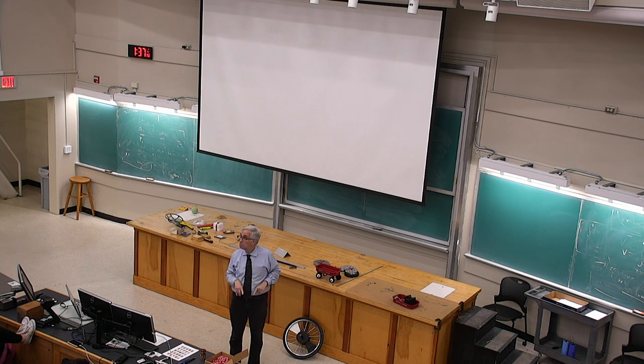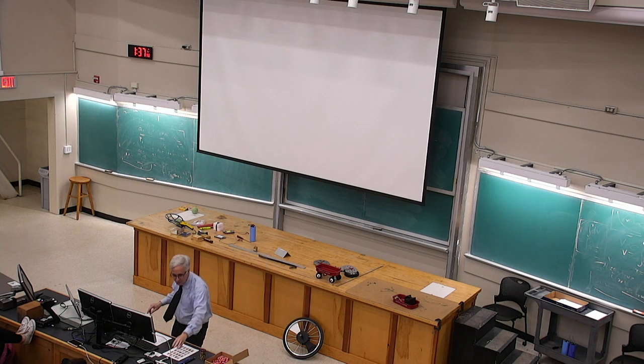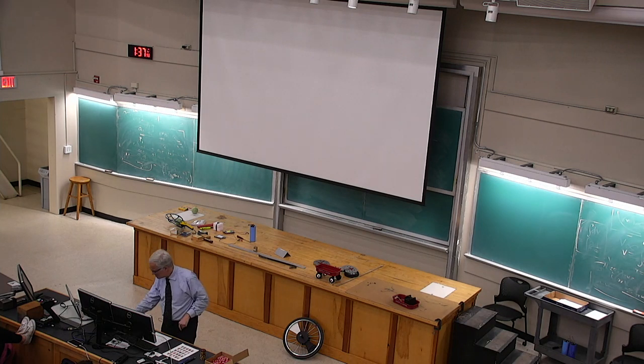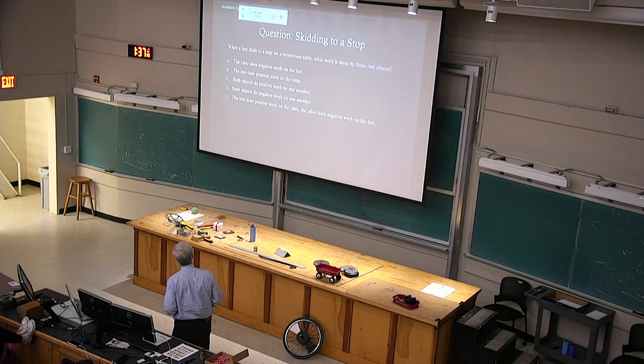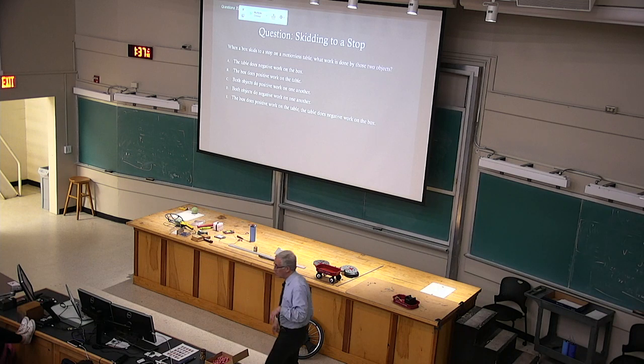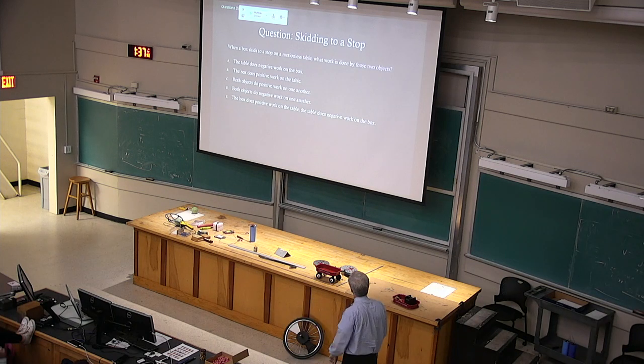Who's doing work on whom? So the question is that. Here's the question. Okay, this time I got five choices. So if you got an F on your clicker, you can do it, but I don't think you got one. All right, so the box skids to a stop on a motionless table. What work is being done by those two objects, table and box?